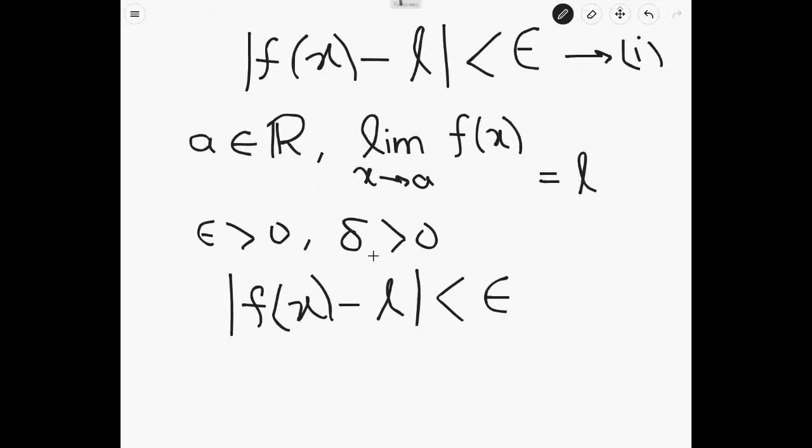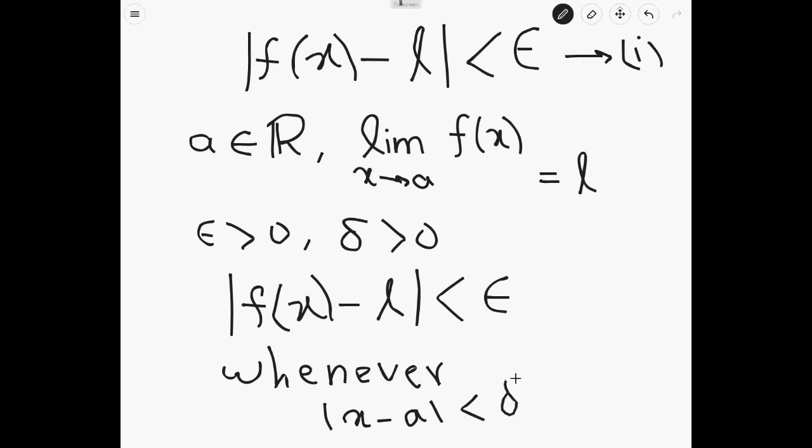So I will say that the limit of the function f of x as x approaches a is L if for every epsilon greater than 0 there exists delta greater than 0, such that the absolute value of f of x minus L is less than epsilon, whenever the absolute value of x minus a is less than delta, as already mentioned.